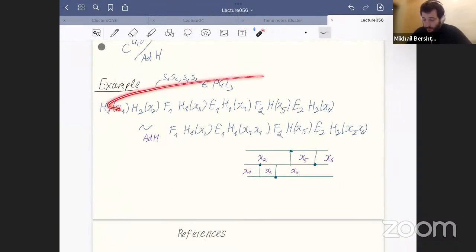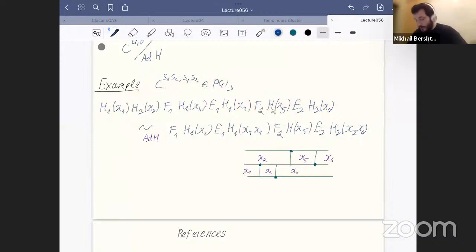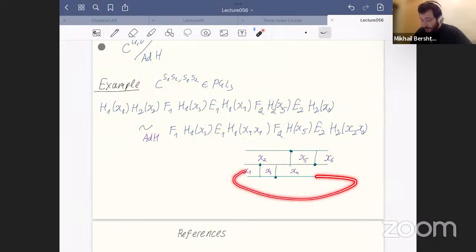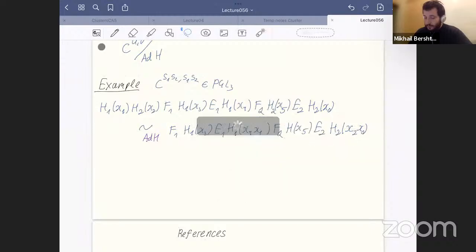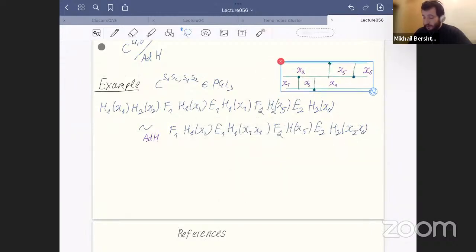So this h1 goes here and through h2, e2, h2, f2, and finally gets here. And in this quiver, we can glue this and this, and this and this. And in this case, we have no more frozen variables.